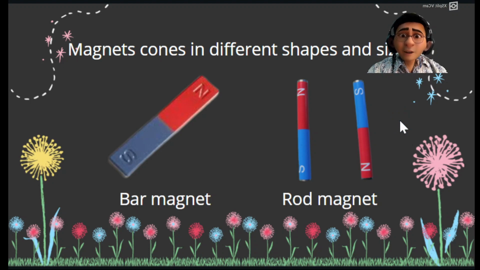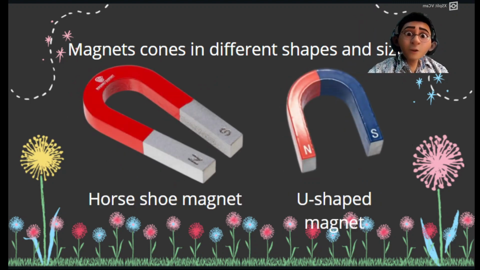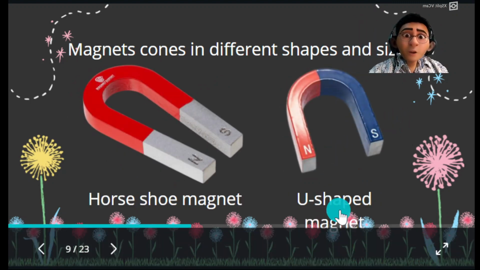The next two would be, one more time, bar magnet, rod magnet, and then horseshoe magnet and U-shaped magnet. If you see, this looks like a U and this looks narrower here.